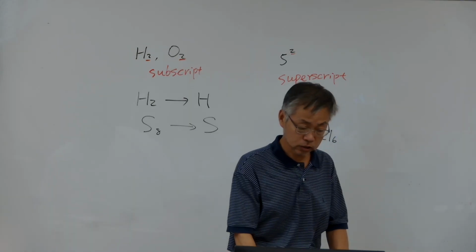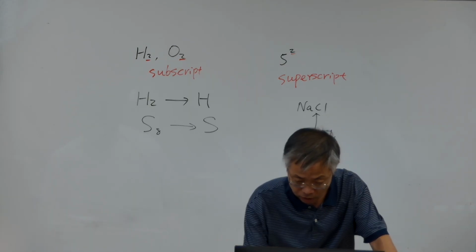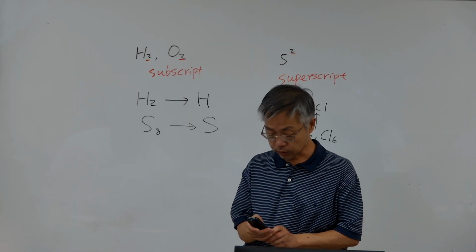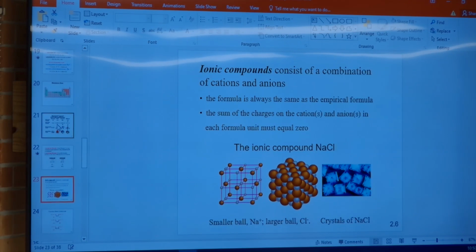So this explains why ionic compounds always have formulas the same as the empirical formula. For any ionic compound, total positive charge always equals total negative charge. Then if we simplify, you get the empirical formula.